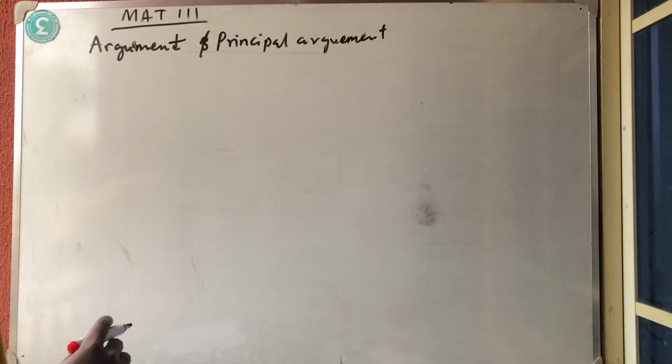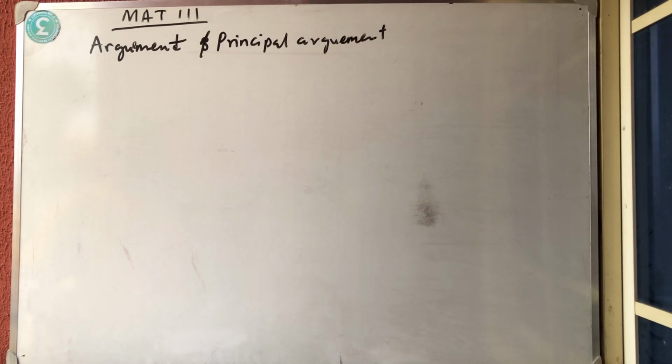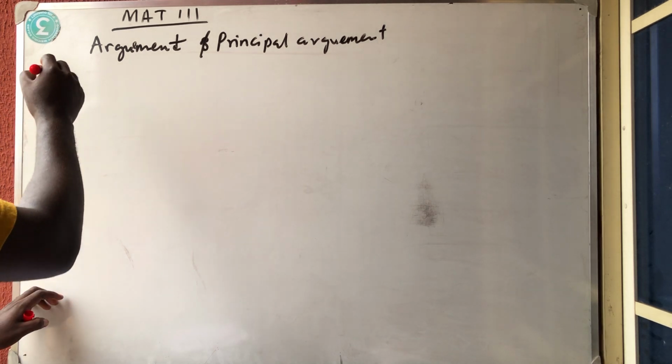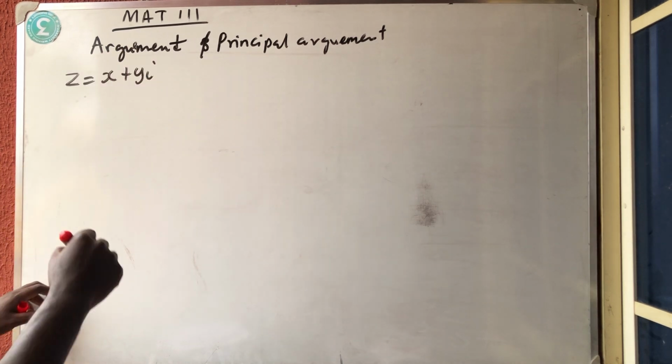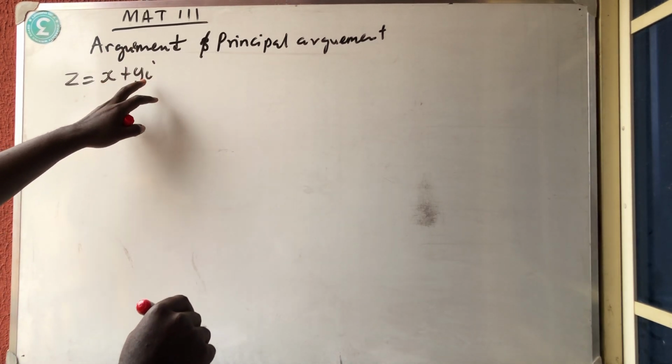Okay, now before you solve a complex number, to get your argument, you must draw the Cartesian plane to know where that complex number will fall. For example, if I have that z is equal to x plus yi, x is positive and y is positive.